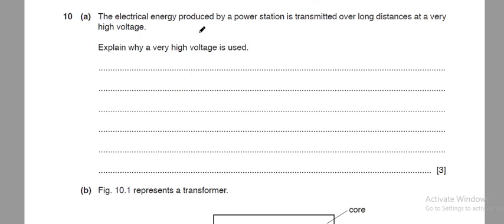Electrical energy produced by power station is transmitted over large distance at very high voltage. Explain why a very high voltage is used.